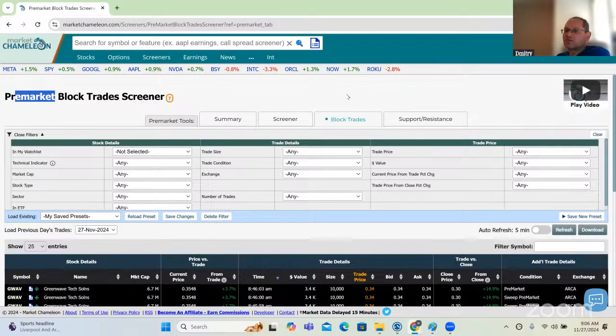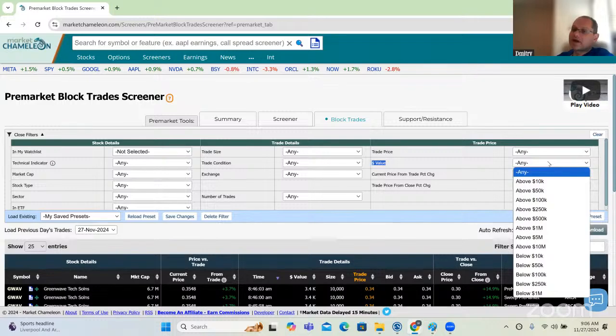But we could use some of these tools over here to filter out and look for a certain dollar amount. Okay, so we could look for single transactions, and let's say we're looking for anything above $250,000 worth of stock.